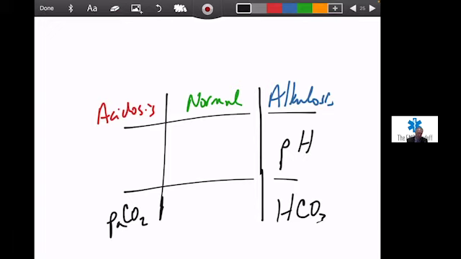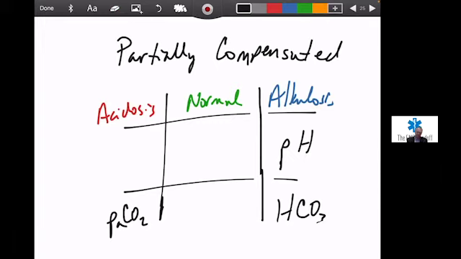And now this is what we would call partially compensated. Because the other unassociated value has moved to the other side. When that unassociated value moves to the other side, it's working to pull this pH back into that area. But it hasn't happened yet.